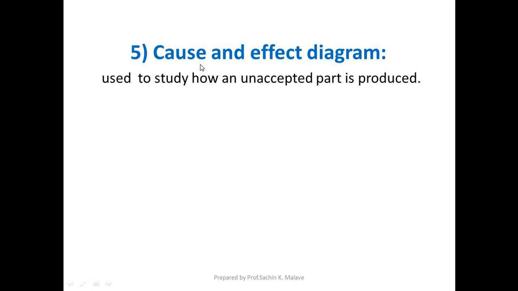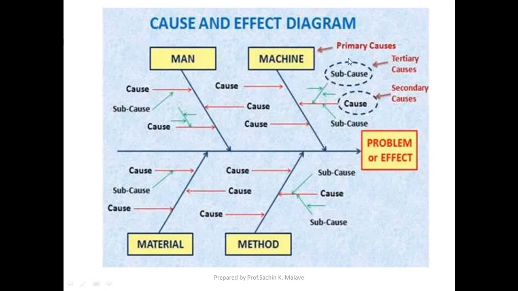So we want to find out the reason behind the production of defective or unaccepted part. So this is an outline of a cause and effect diagram. This is also called a fishbone diagram because it looks like a fishbone. That's why it is also called a fishbone diagram. So this is the outline of this fishbone diagram.